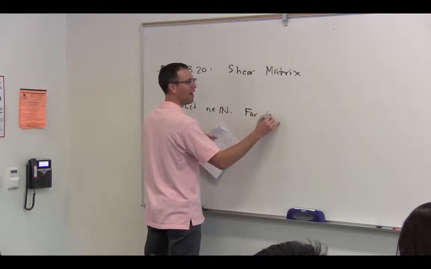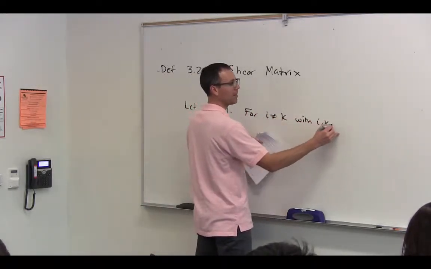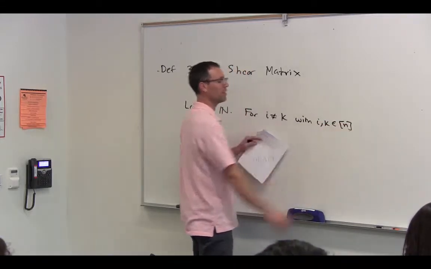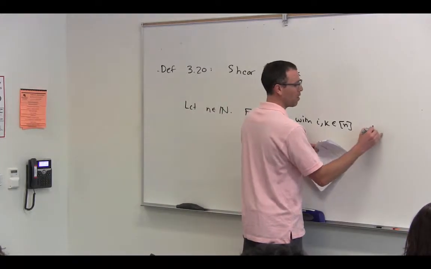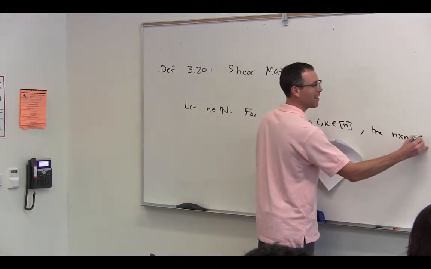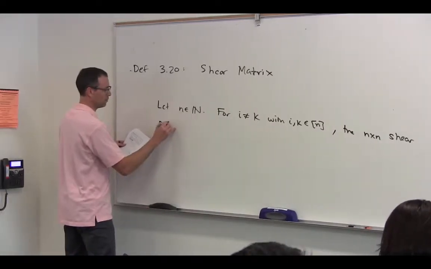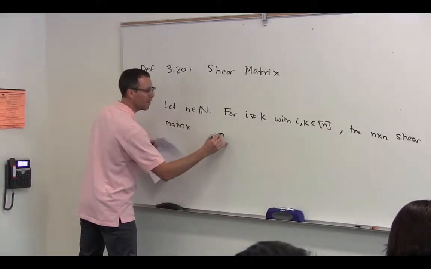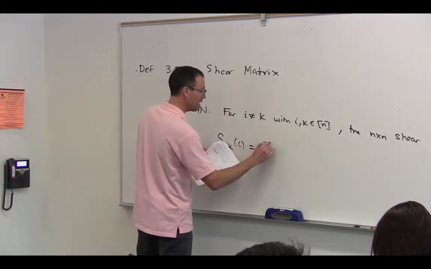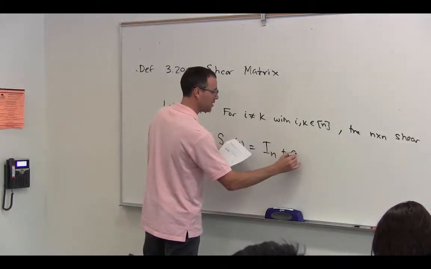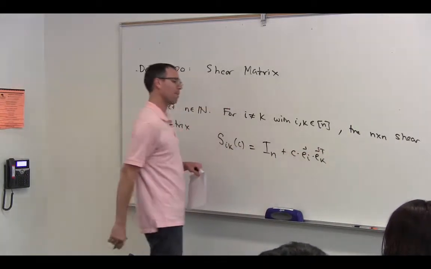For i not equal to k, with i, k elements of the set of natural numbers from 1 to n, the n by n shear matrix S sub ik of c is equal to I_n plus c e_i e_k transpose.